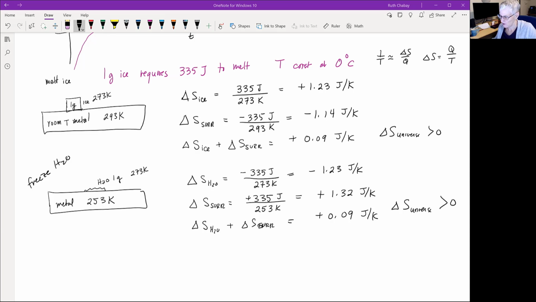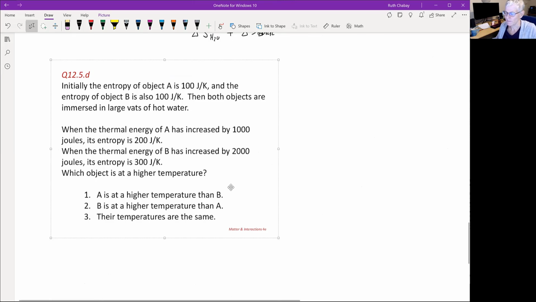Okay, let's see if we can answer a question. We have two objects, and initially they have exactly the same entropy, which is 100 joules per Kelvin. Then each object is put into a really, really big vat of hot water.